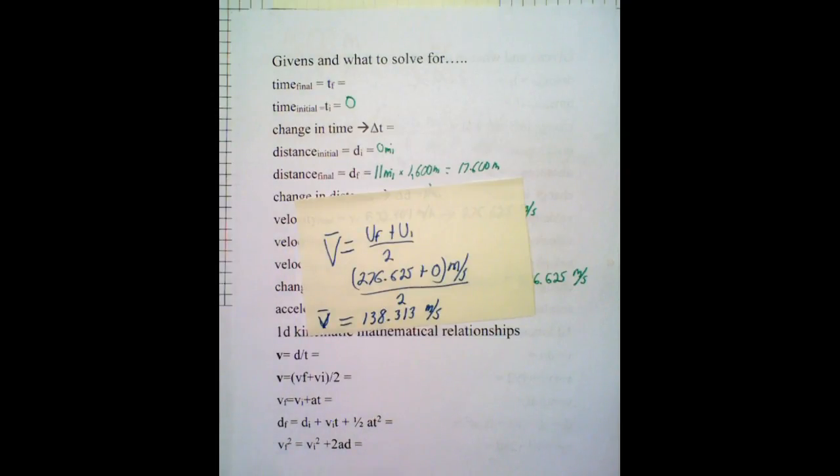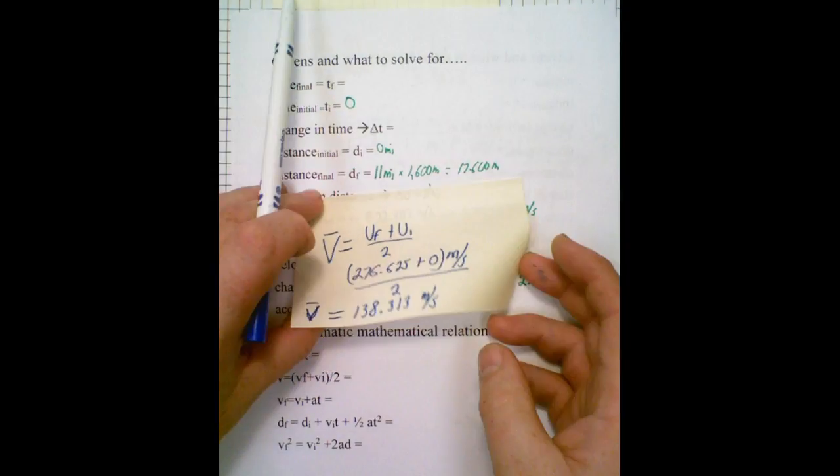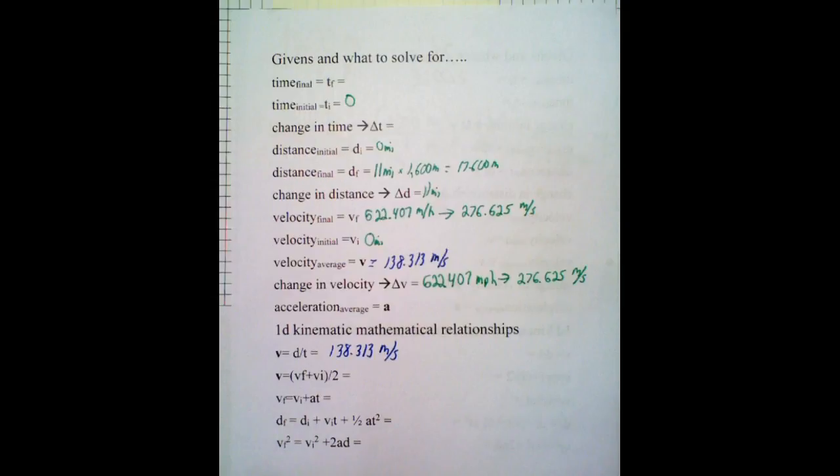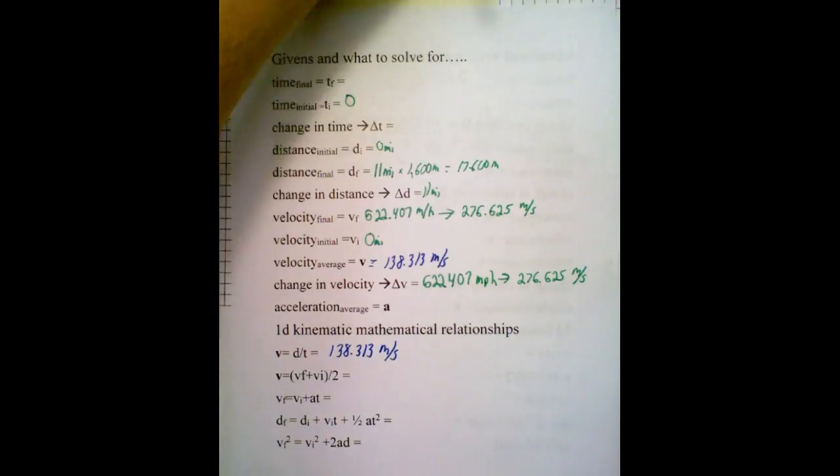This gives me an average velocity of 138.313 meters per second. Yes, I've changed colors to show what we have actually computed now, as opposed to before when we were just doing some conversions. That really doesn't count. So what does this give us on time?